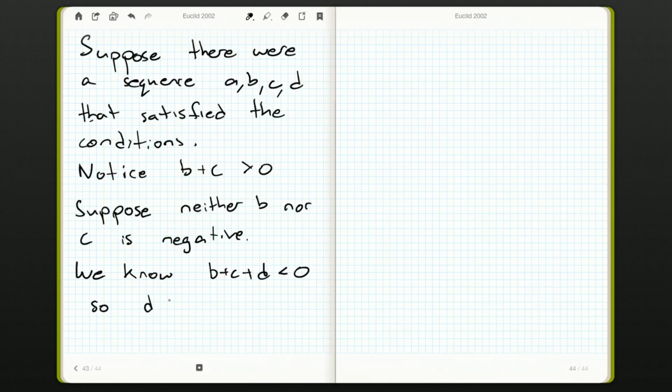So D is less than negative B. We'll bring this over to the other side. Which way do we want to do this? So we'll say that B plus C is less than negative D. Okay.